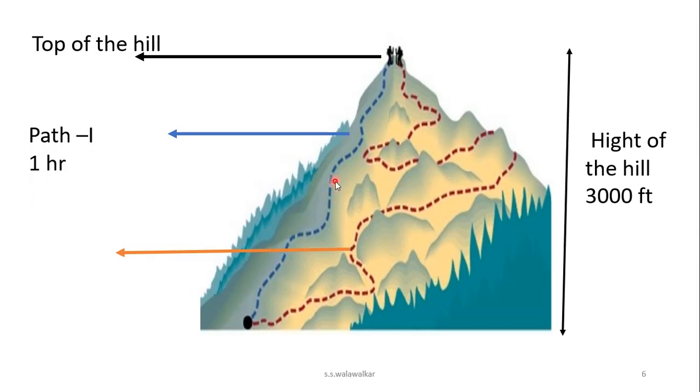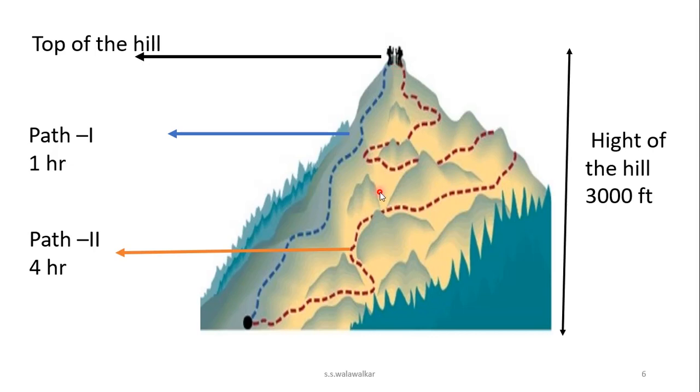Path first is indicated by the blue line, path second is indicated by the red line. Path first is the shortest distance or short route, and path second, this is what? The longest route to reach the top.